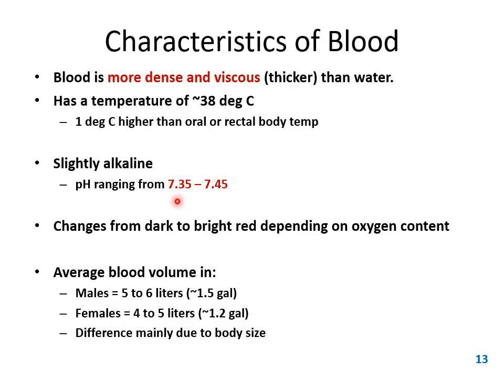So blood is slightly basic, but look at this range of pH values. It goes from 7.35 to 7.45. It's not a huge jump, and it's very important for blood to be kept at that pH, because if it deviates from these numbers, then your body is going to get into trouble.